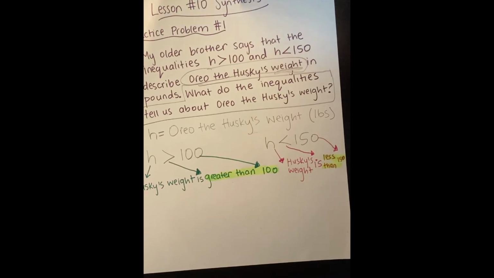Or I can write it where I put both pieces of information together in the following way. I'm going to choose my purple pen here.